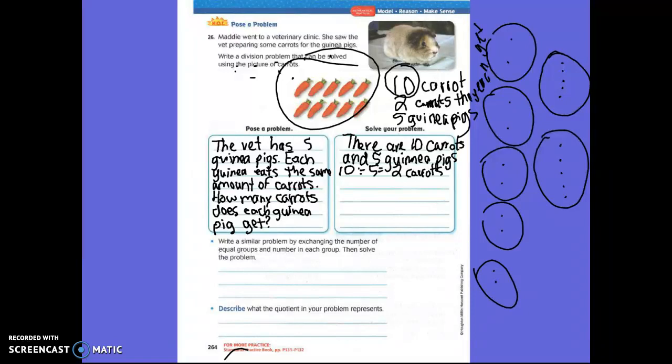Okay, so you say it again. Each guinea pig gets 2 carrots. How many guinea pigs are there?